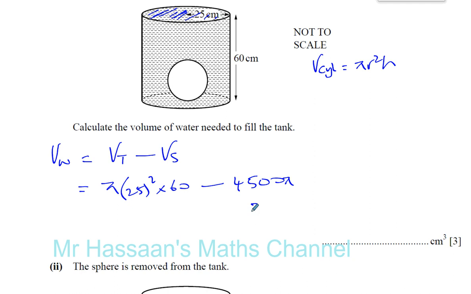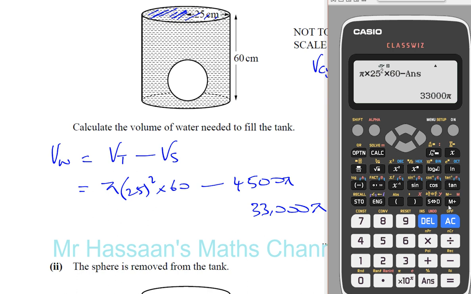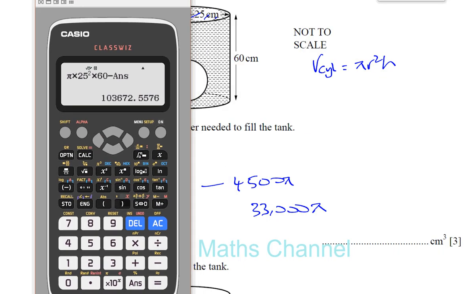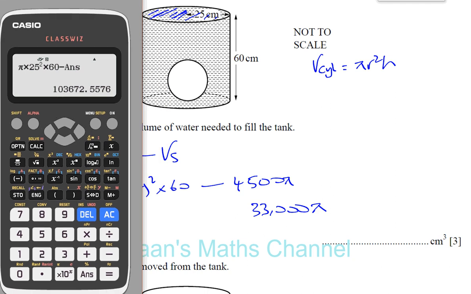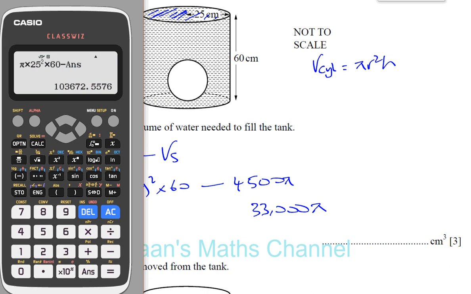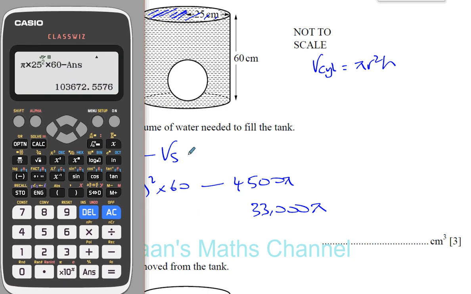So that's 33,000 pi, which you then press the SD button to give your answer. We want to give it to 3SF because it doesn't say anything else. It doesn't tell us 4SF this time, and the general rule is if the accuracy is not mentioned, you do 3SF.